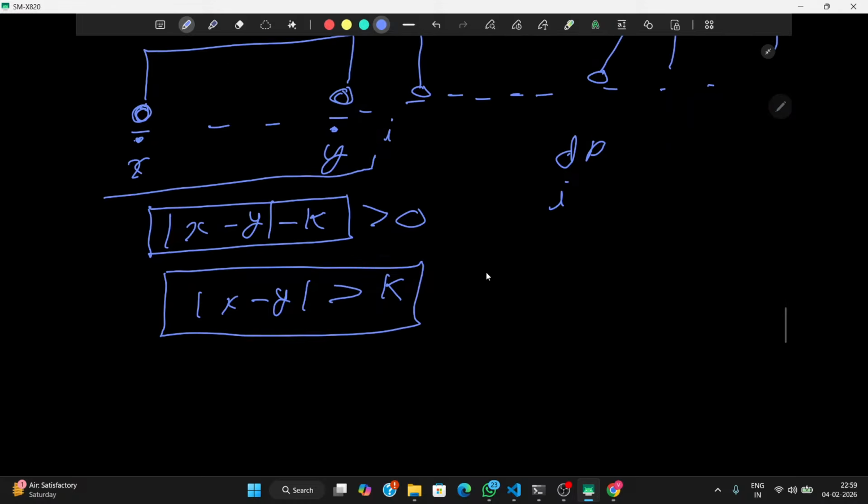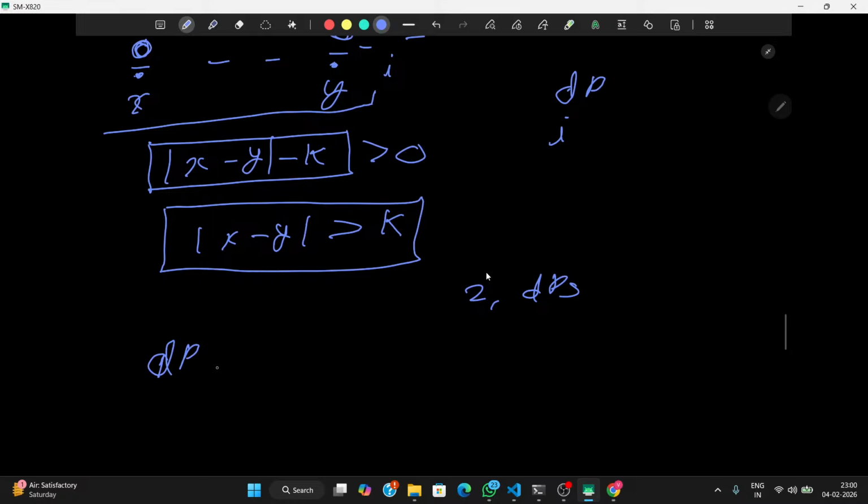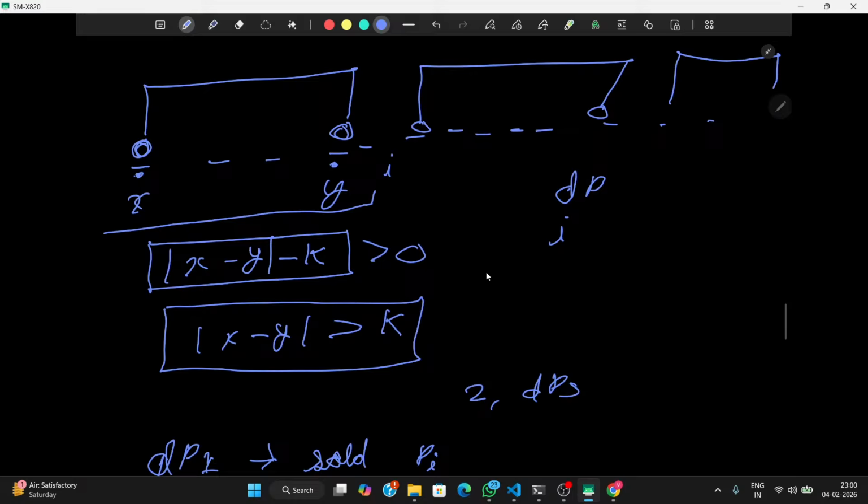For this, we will simply store two DPs. The first, DP1, will be that we have sold an element at some price Pi, and now we need to buy some element to close this subarray.